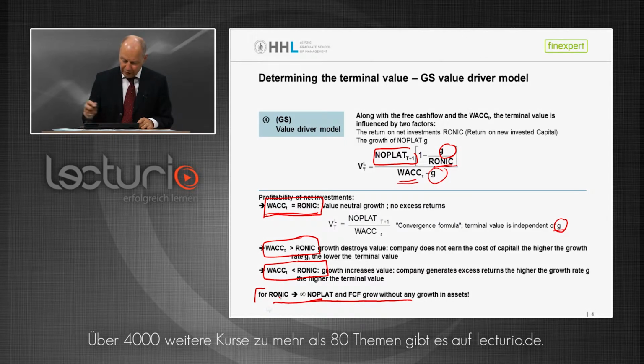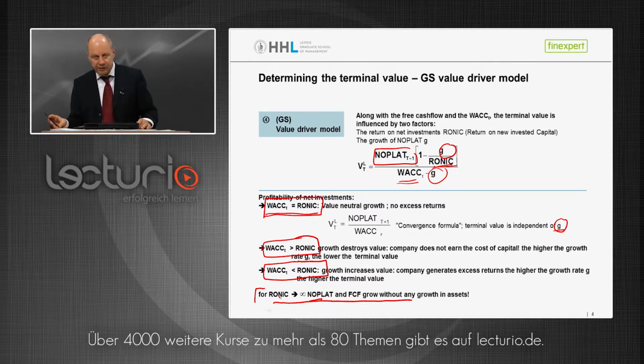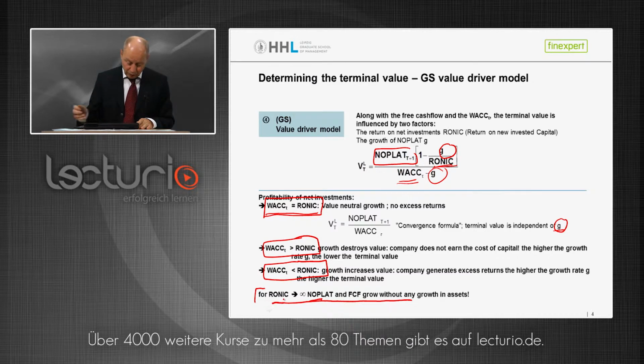So when looking at this formula, we can tell the requirement that is necessary so that our earnings and our free cash flows grow without any asset growth, and that is that RONIC is converging to infinity, because if so, then our NOPLAT and our free cash flow grow without any asset growth.